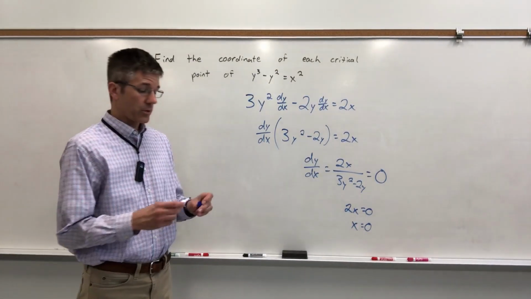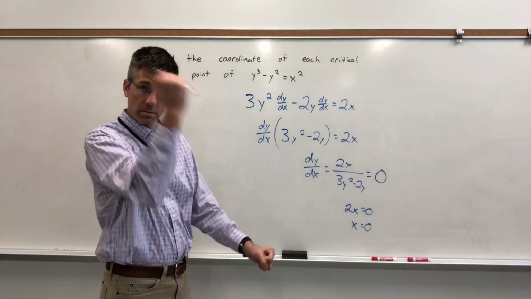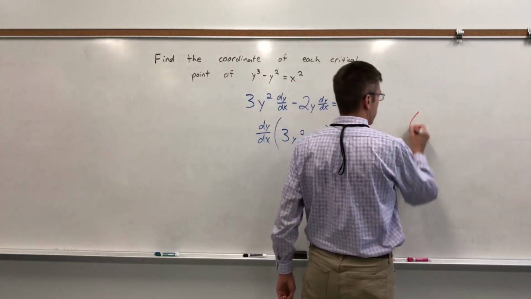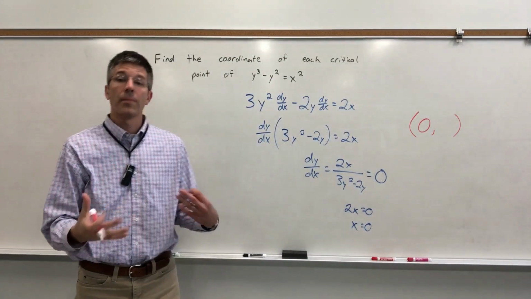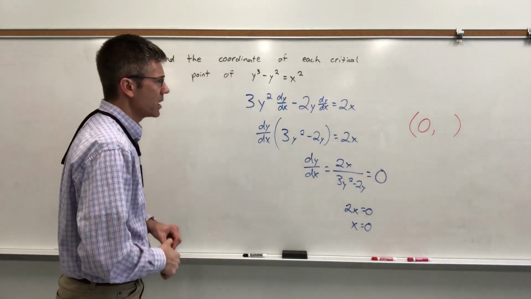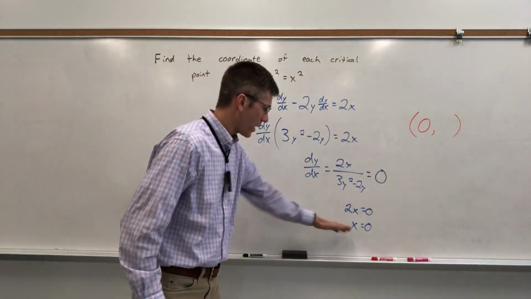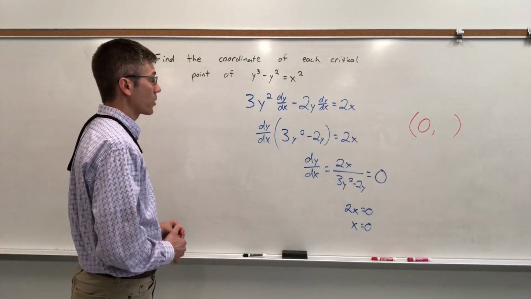So x equals 0 is a possibility for an answer, and I'm going to write that down as a final answer. My answer is going to be 0 comma something. I might get more than one something out of that. We'll see. Let's just tinker with this. So answers are going over here. We have x equals 0 as a possibility for the start of an answer, and we're going to explore that.